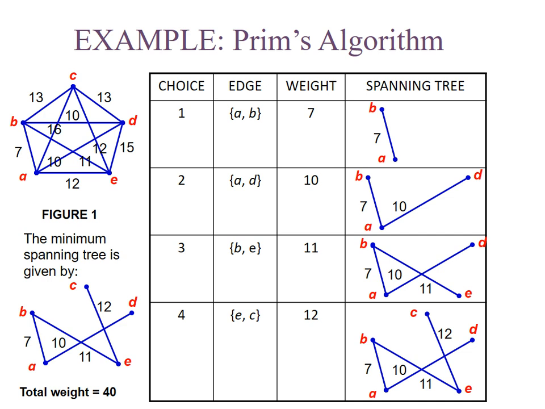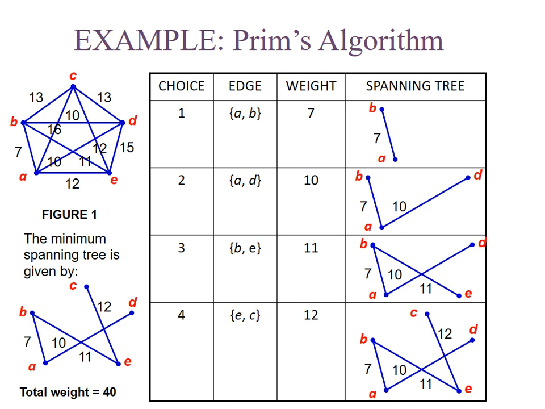For B, we can choose 13, 10, and 16. For A, we can choose 12 and 16. So in this case, the edge with least weight is 10.